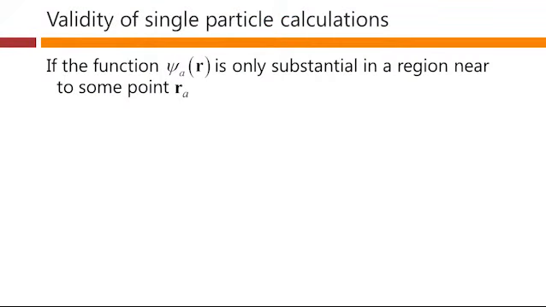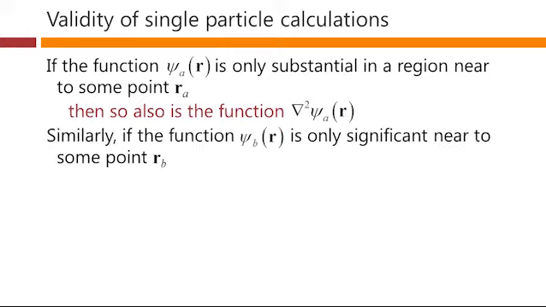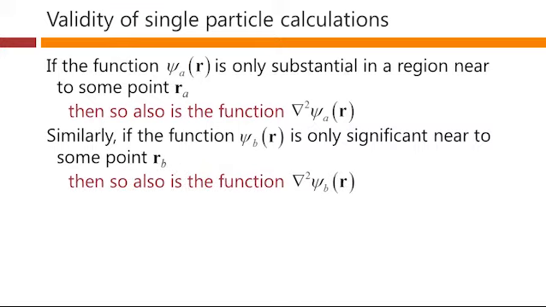If this function here, psi a of r, is only substantial in a region near to some point Ra, so some relatively sharply peaked function, for example, round some position Ra, then so also is this second derivative of that function. It's only substantial in that same region. Similarly, for the function psi b, if it's only significant near to some other point Rb, it's sharply peaked somehow in that region, and so also is the second derivative of that function.